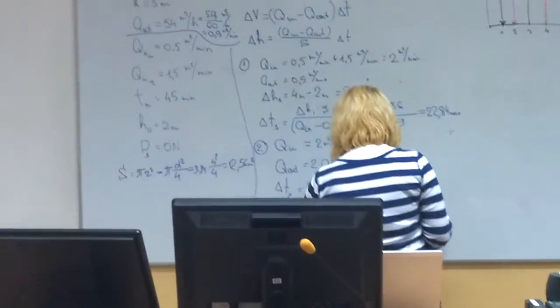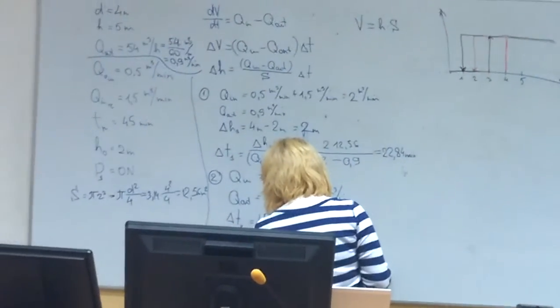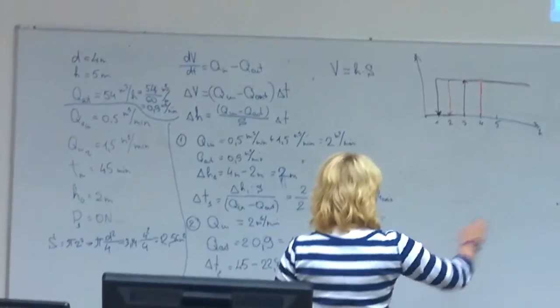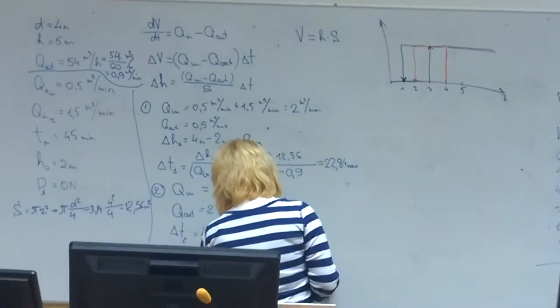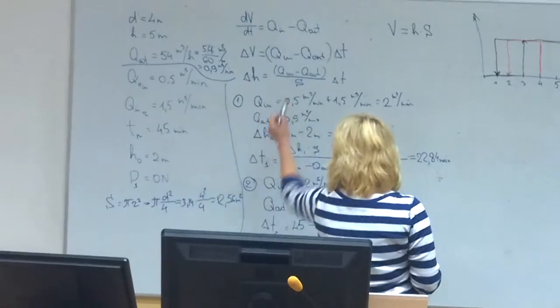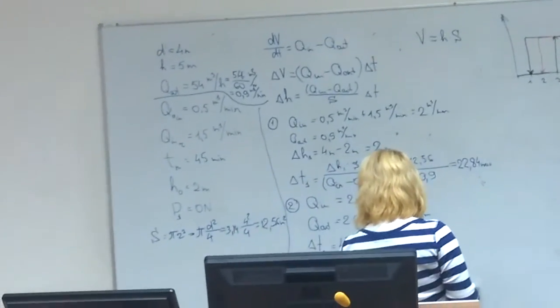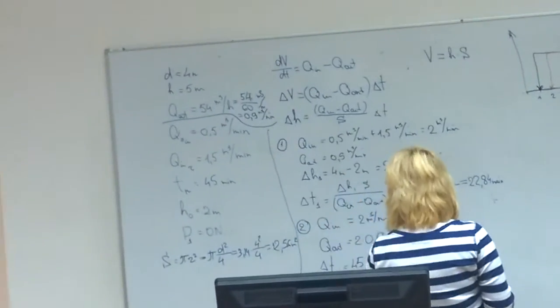So in that case, delta height at the second state will be, as you can see, according to that law, inflow minus outflow.